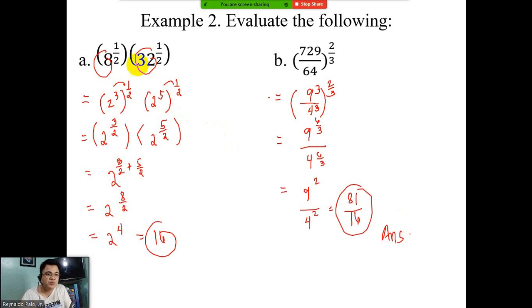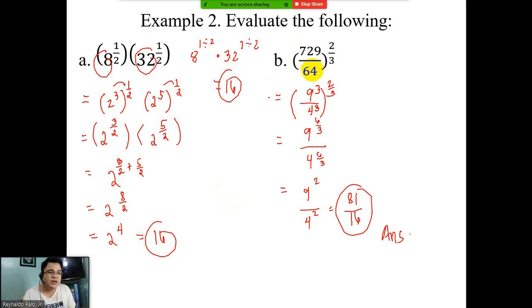For example, if you will be using the calculator here, 8 raised to the power of 1 divided by 2, so that you can easily understand, times 32 raised to the power of 1 divided by 2. You will be getting an answer also of 16. There is no problem. Just indicate that you used your calculator and indicate the process.